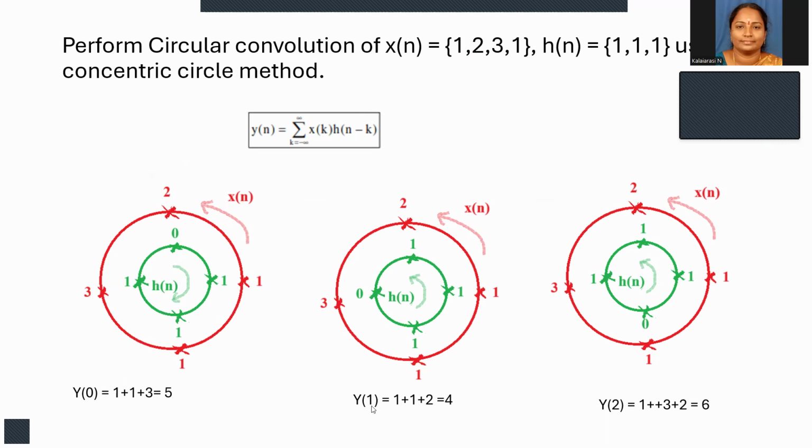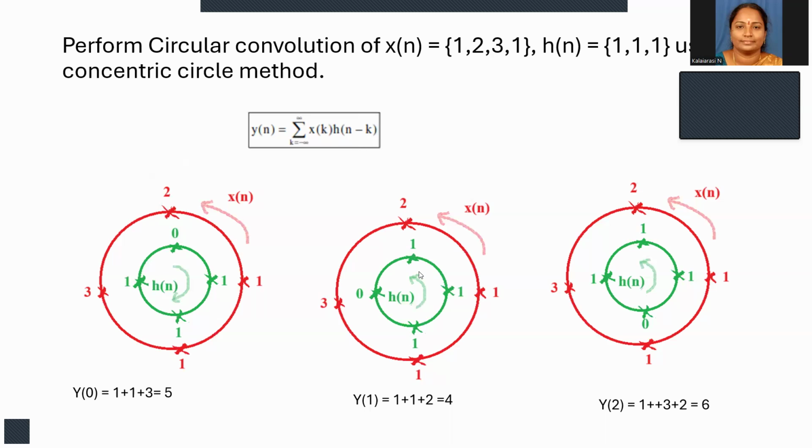Next, I want to calculate y of 1. So y of 1 means x of k, h of 1 minus k. x of n stays as it is. For h of n, you shift one sample in the anti-clockwise direction to get h of 1 minus k.